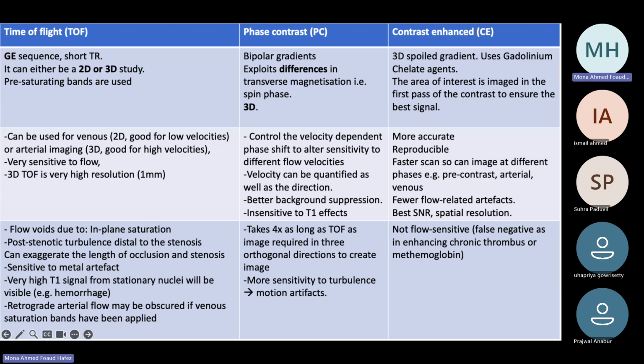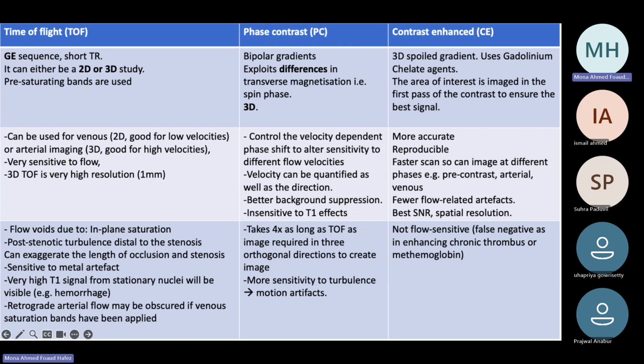The advantage of this bipolar gradient is to control the velocity dependent phase shift to alter the sensitivity to different flow velocities. Velocity can be quantified as well as the direction of the moving blood, and it has better background suppression. It is insensitive to T1 effect, unlike time of flight.